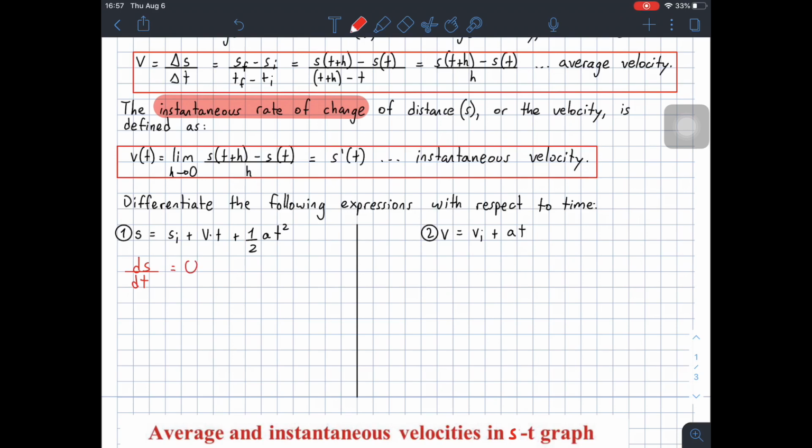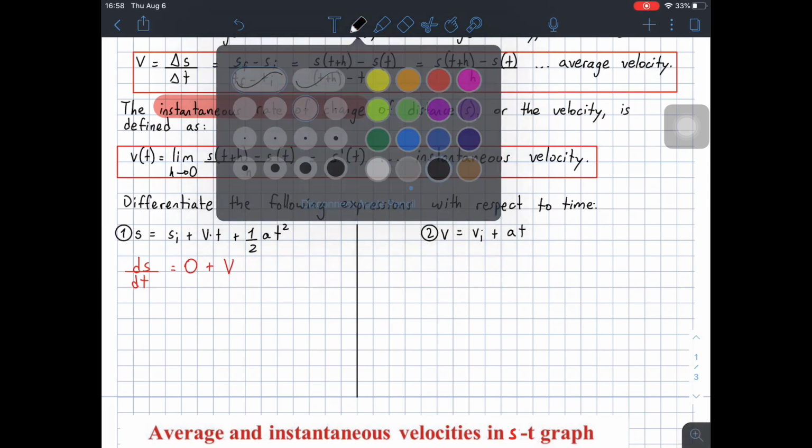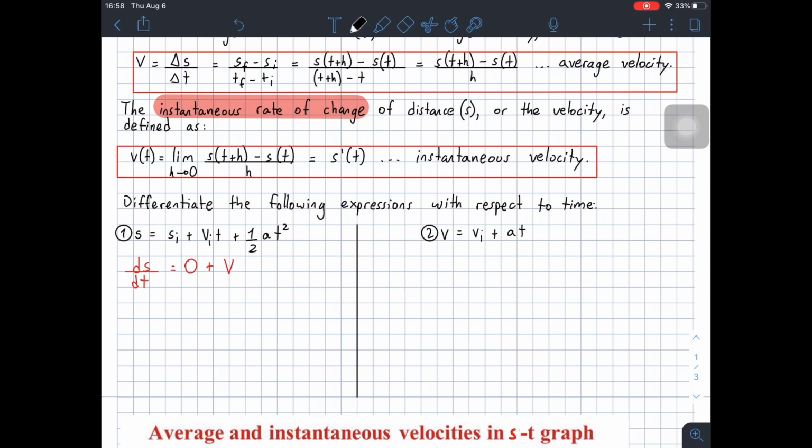Then the derivative of v times t, if we're differentiating with respect to t, where t is like an x, would be only v. So plus v, actually there's something missing here. This should be v initial, there you go. So this is plus v initial.